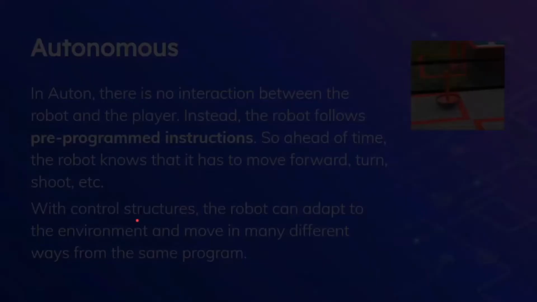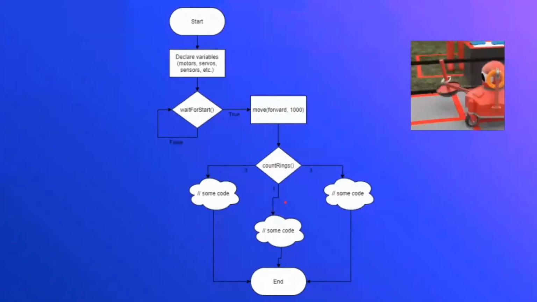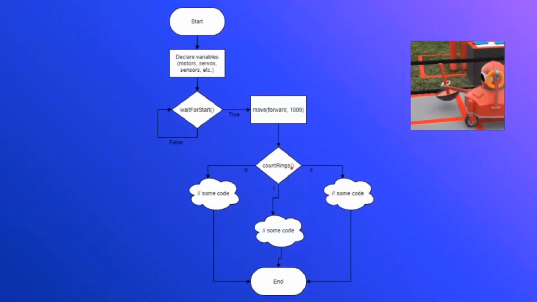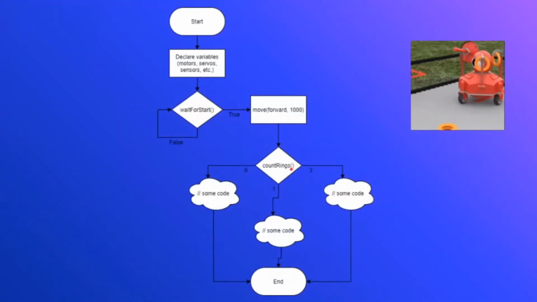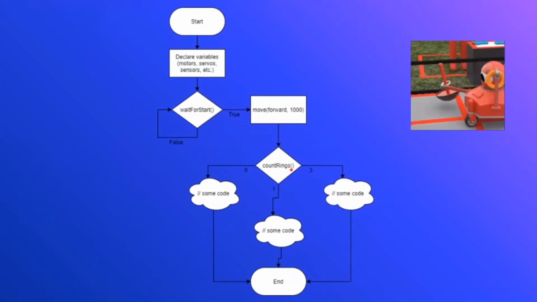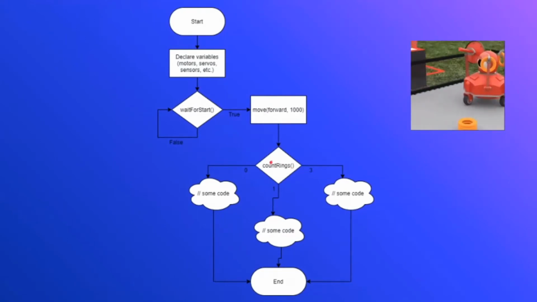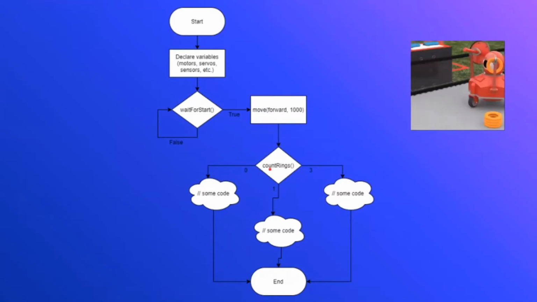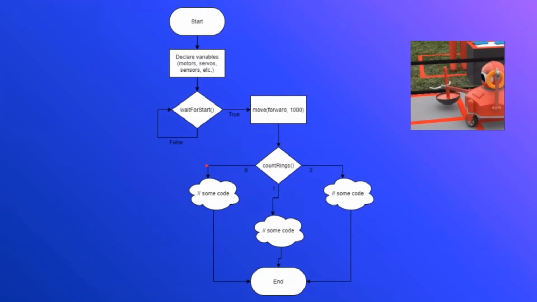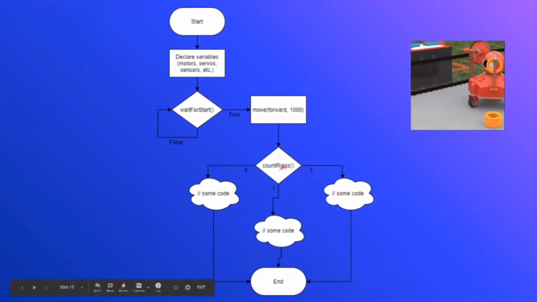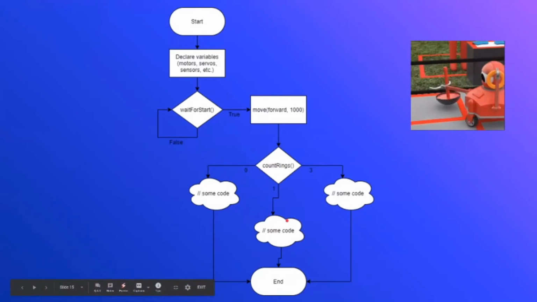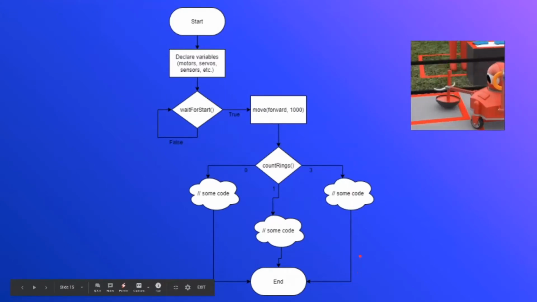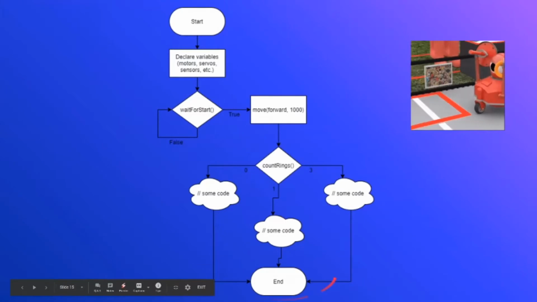So for control structures, you know how in autonomous, when you start, there can either be no rings, I think 1 ring, or 4 rings. We can have instructions already set up in our code to say, if there's no ring, I want you to run this branch of code. If there's 1 ring, I need you to run this branch of code. And likewise, if there are 4 rings, I need you to run this branch of code. And they all end up leading to the end of the program.